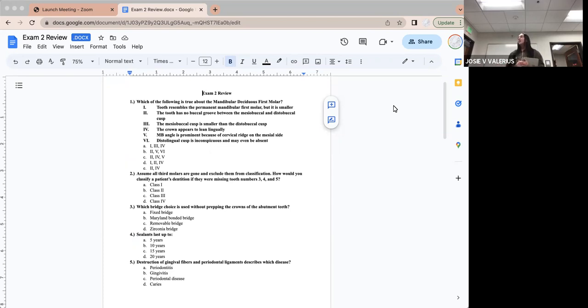So you have to notice the distinction. Periodontitis, which is option A, is when there's an unhealthy amount of bone reduction and a super inflamed periodontal pocket.